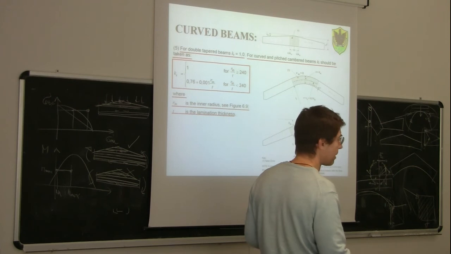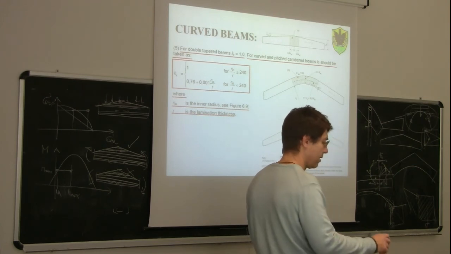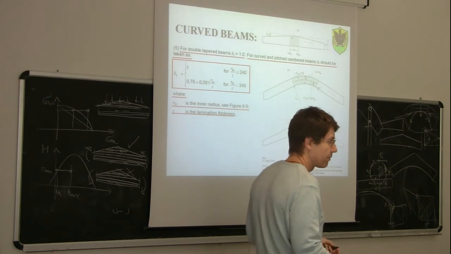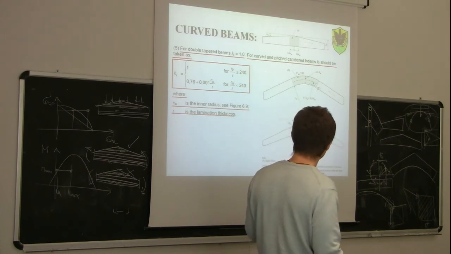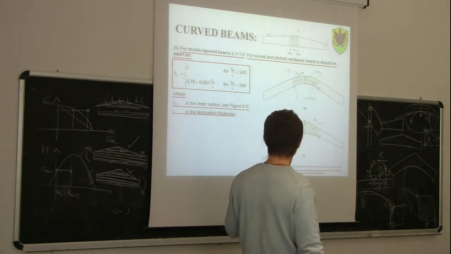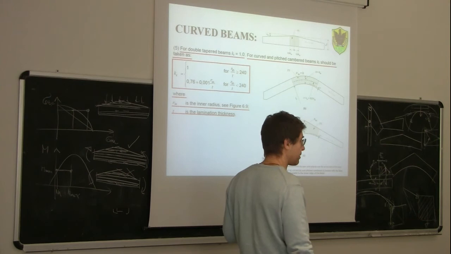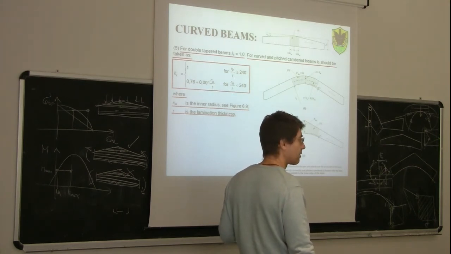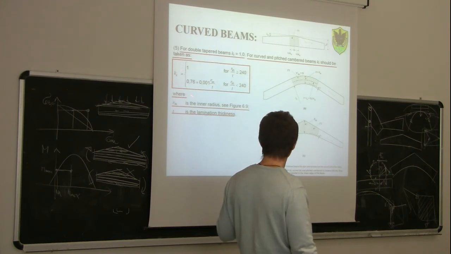Of course, the higher the thickness, the higher the stress. So everything depends on this ratio between r_in, the inner radius, and t, the thickness of the lamination. If this ratio is greater than 240, we can ignore those eigenstresses. If it is lower than 240, we need to take these eigenstresses into account by considering this reduction coefficient.